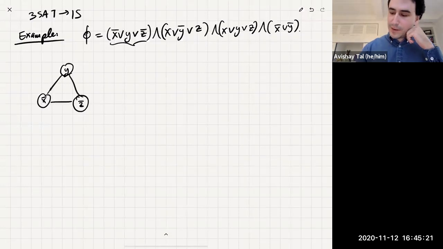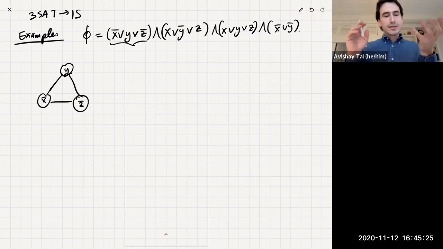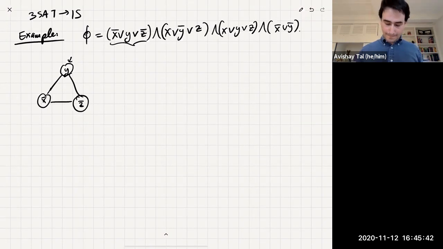The idea of why I'm connecting them by a triangle is that when I'm looking for an independent set, I can pick at most one from a triangle, right? So if I pick this vertex into the independent set, I cannot pick any of the other 2, because they are connected to both.